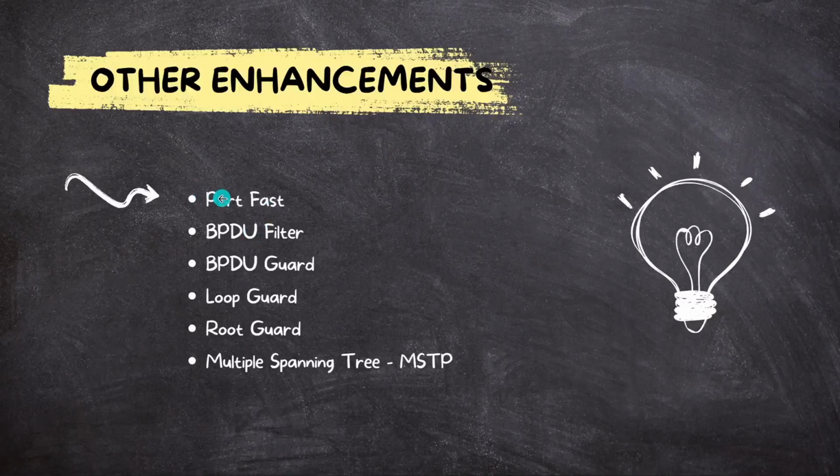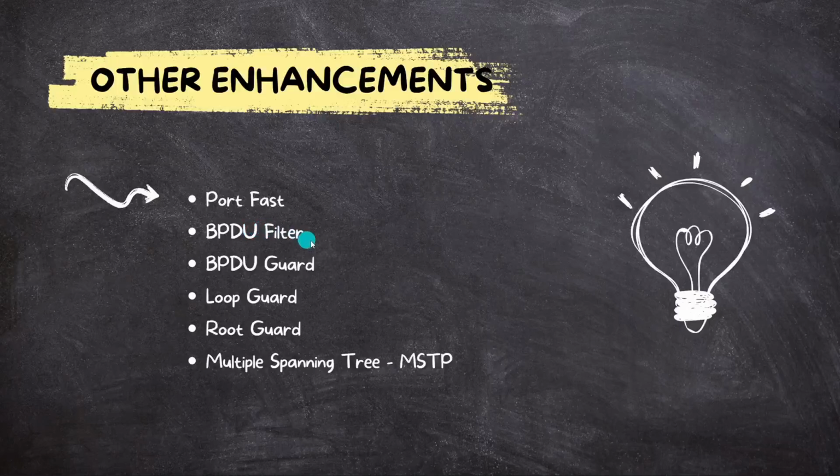If the port is configured as PortFast and it receives BPDU packets, it will be an error kind of thing, because it should not be receiving BPDUs. It has been configured to be PortFast, so it should be connected to an end user, and it will not accept BPDU packets from that port.